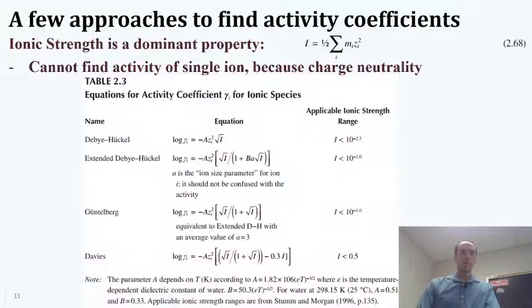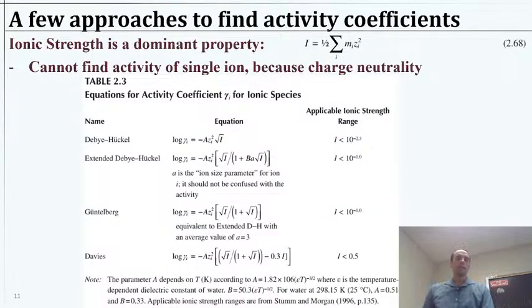Okay, last little thing I want to talk about is when we're setting out to find an activity coefficient, there are several equations we can use. Ionic strength tends to be one of the most important parameters for determining the actual activity of some species.